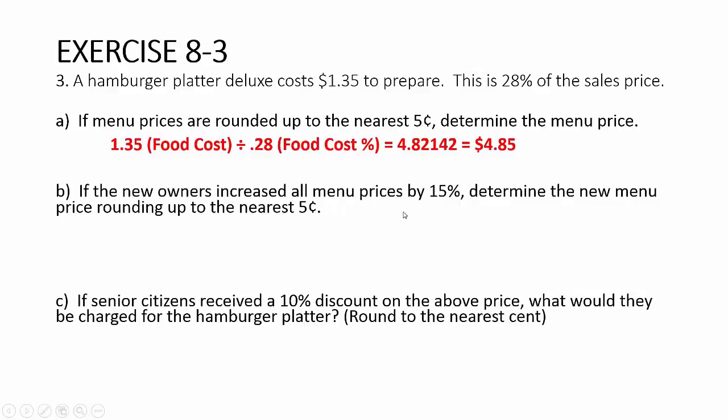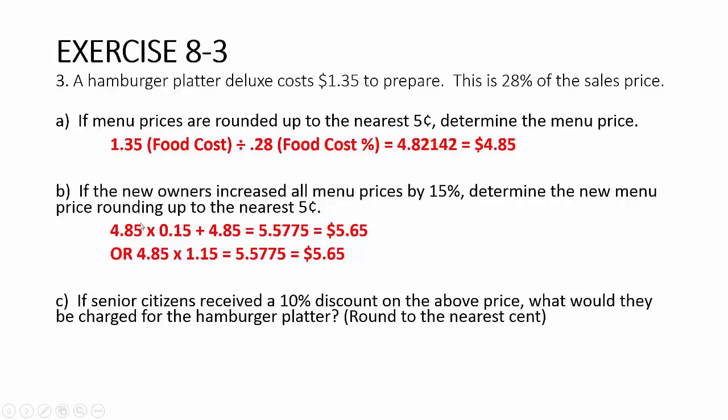Now, if the new owners wanted to increase all the menu prices by 15%, we need to figure out what this new menu price is going to be. So essentially, we have to add 15% to $4.85. To do that, we take the $4.85 and we multiply it by 15%. This will give us the value of 15% of $4.85, which we will then add to the $4.85.